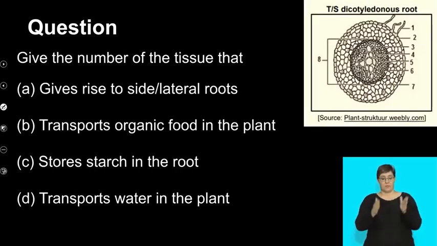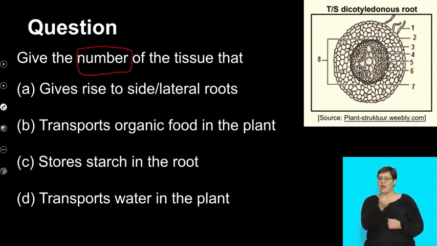Now, the next question. Give the number of the tissue. Guys, luckily you don't have to give a name, so if you're a little bit clueless, you can guess the number. Giving the name and the number sometimes makes it a little bit more difficult, but this question is a little bit on the lower order side.